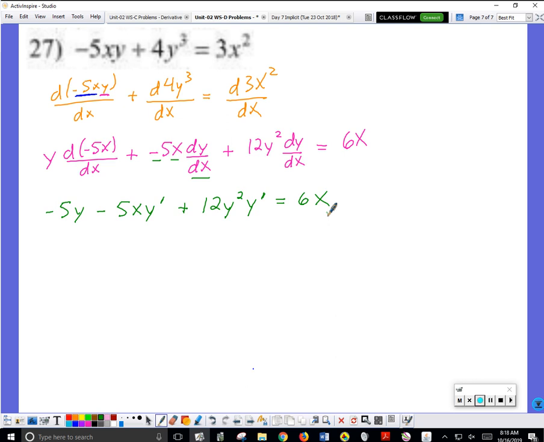If you've done a good job on the first 105 problems, this assignment should go pretty smooth. So it's just using the same rules, just this added step of isolating the y prime. So negative 5x y prime plus 12y squared y prime. Going to move the 5y to the other side of the equation.